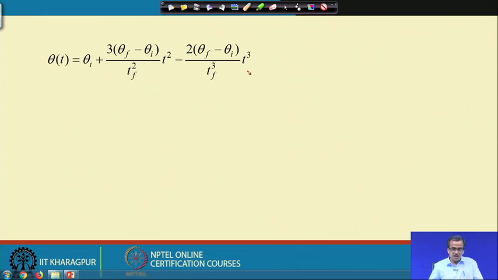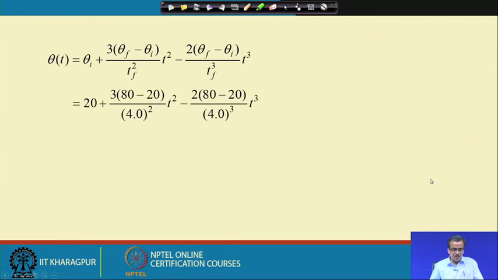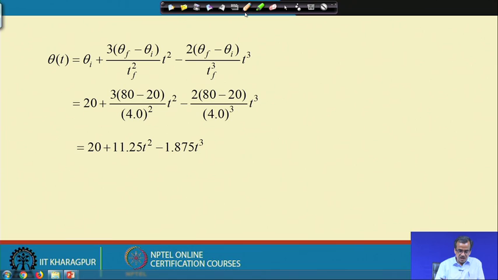Now if I put in the numerical values, I will get the final expression: theta t is nothing but 20 plus 11.25 t square minus 1.875 t cube.